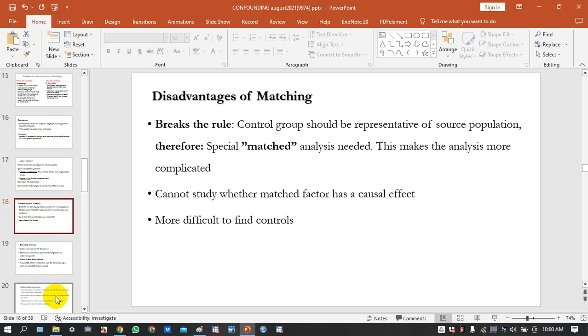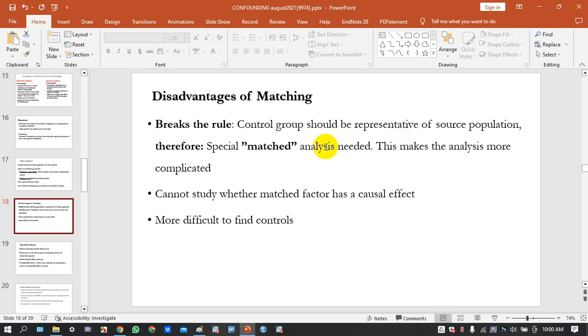It breaks the rule that the control group should be representative of the source population. Therefore, if the control group is not representative of the source population, then the matching will be wrong.